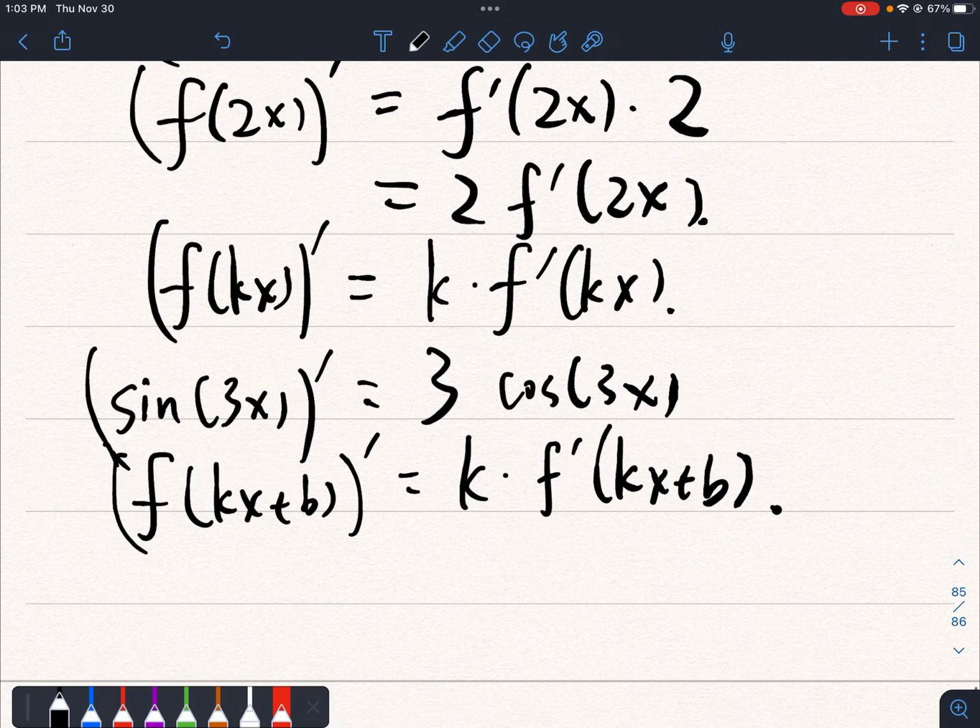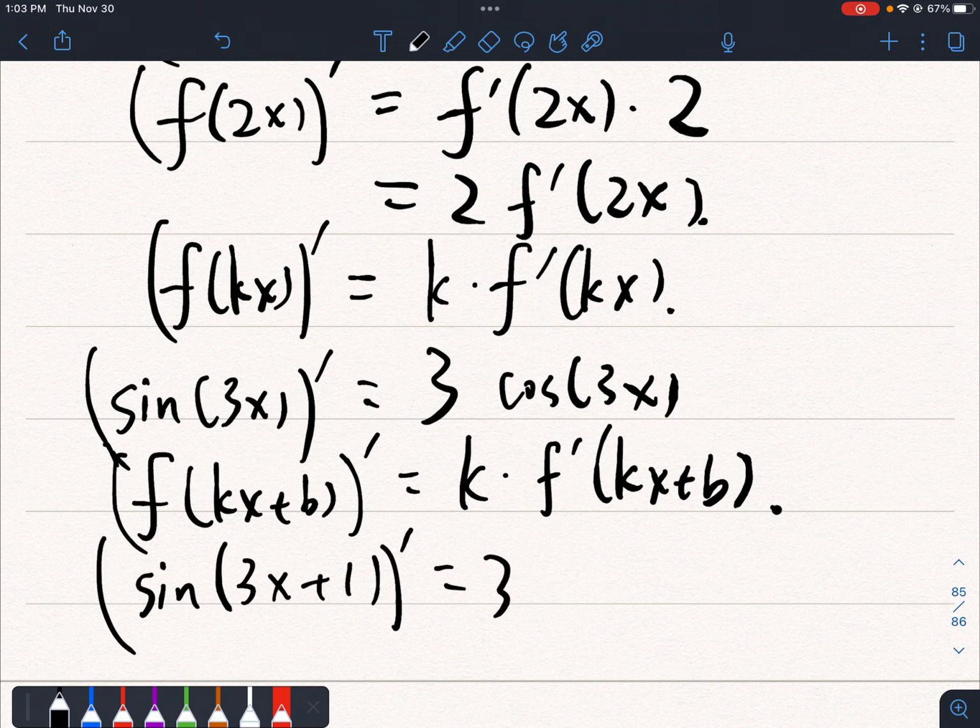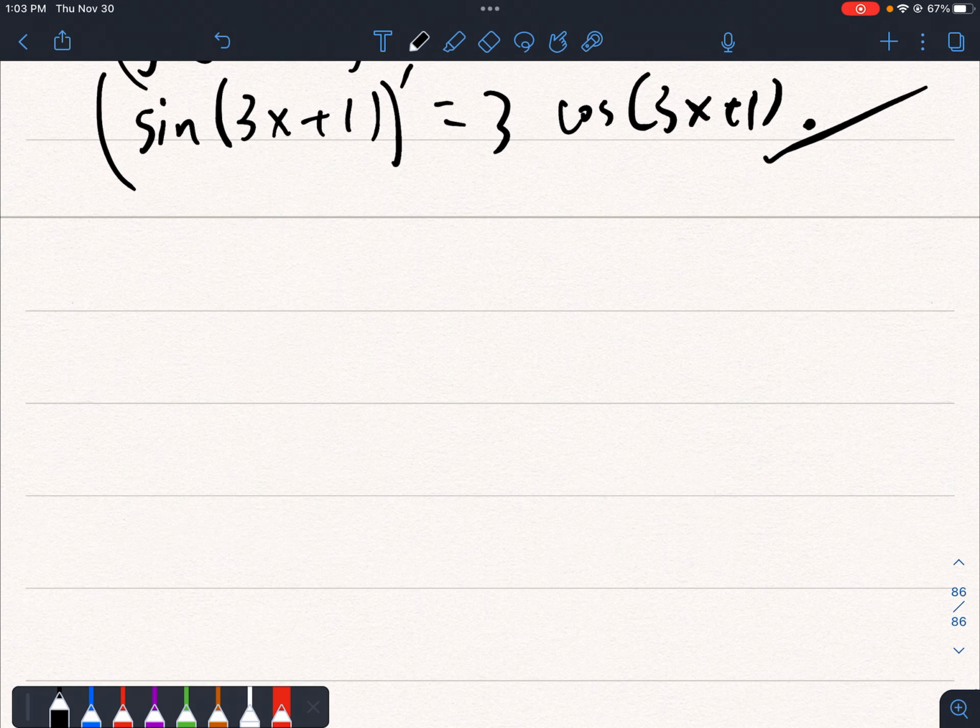Then the derivative of kx plus b with respect to x is also k. So this becomes k times f prime of kx plus b. Okay? So maybe you can do, for example, sine of 3x plus 1, let's say. Then the derivative should be 3 times cos of 3x plus 1. You just play with it, okay? It's not hard at all.